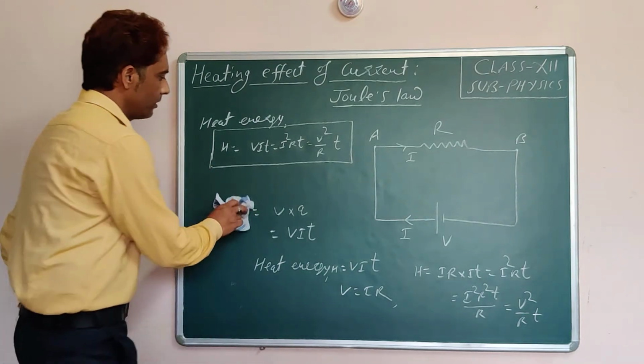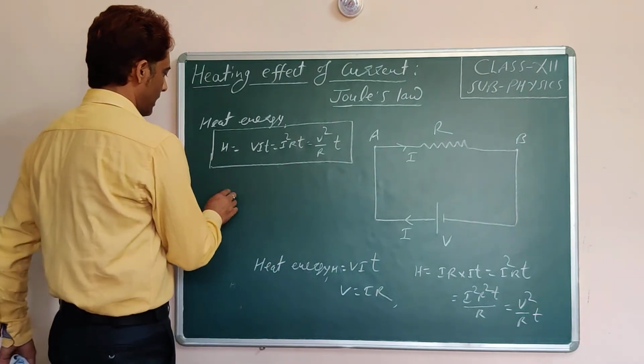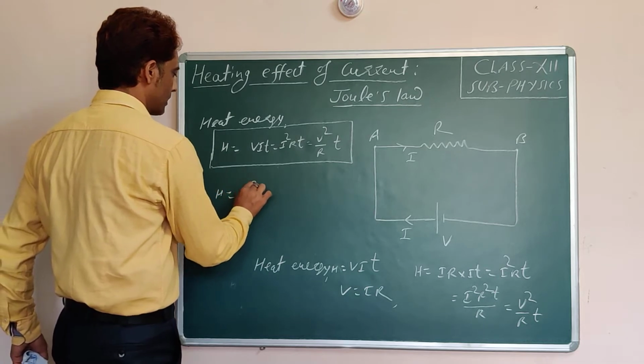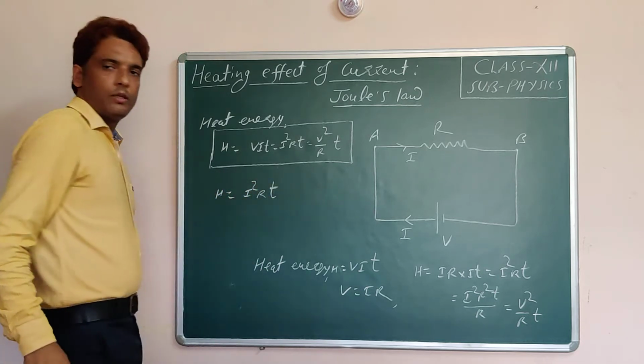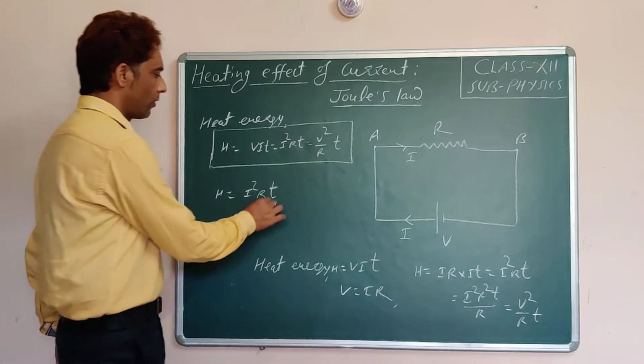Here the expression H is equal to I square RT is the mathematical form of Joule's law of heating.